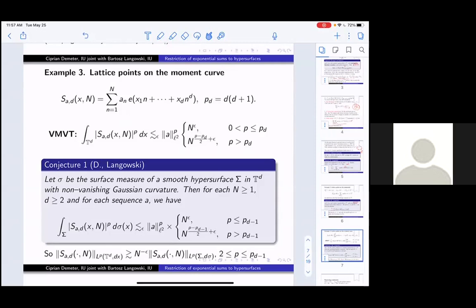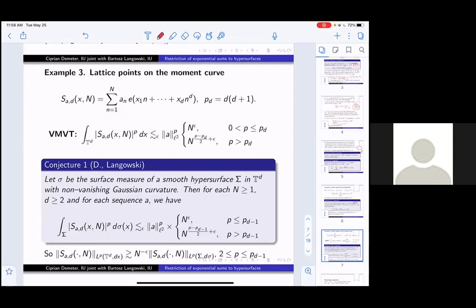They were mostly in partial ranges and motivated by applications to other problems. So we ended up running a more systematic analysis of these exponential sums, setting up the conjectures, proving sharp results in the full range in low dimensions and so on. And this is part of what I'd like to describe on the next few slides.